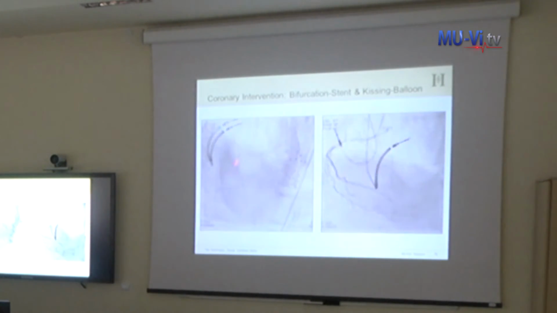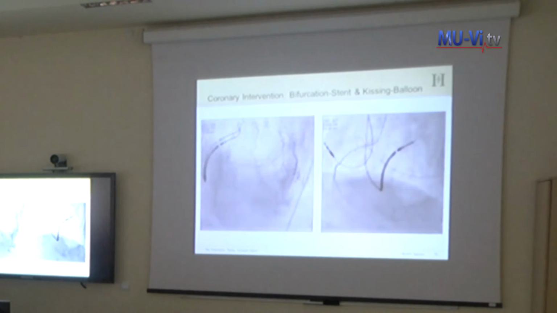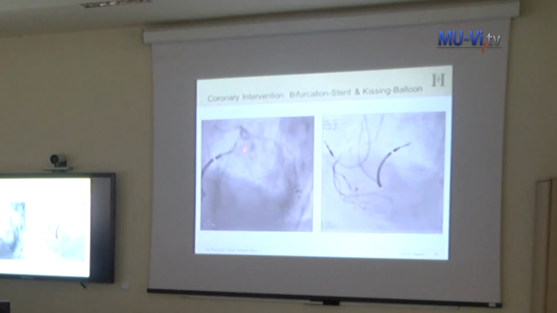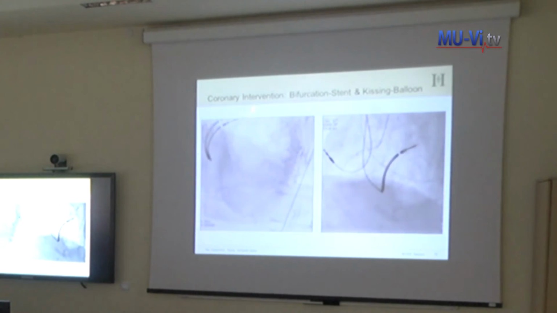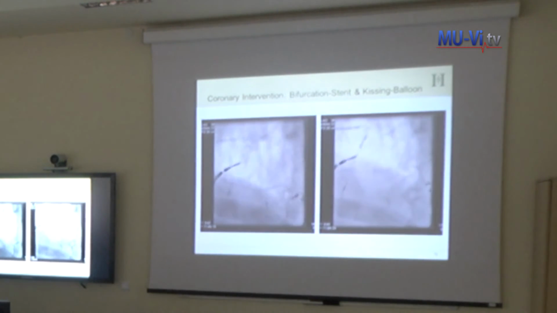But the main problem was the bifurcation of the first diagonal branch of the LAD and the LAD itself. And we wired both vessels, the LAD and the first diagonal branch, pre-dilatation of the LAD.